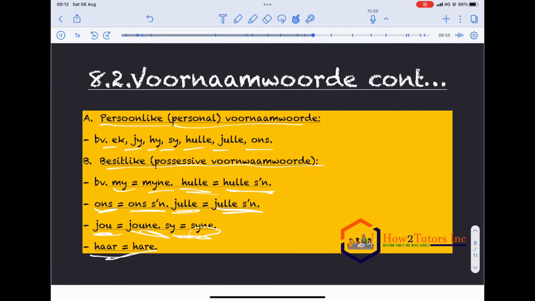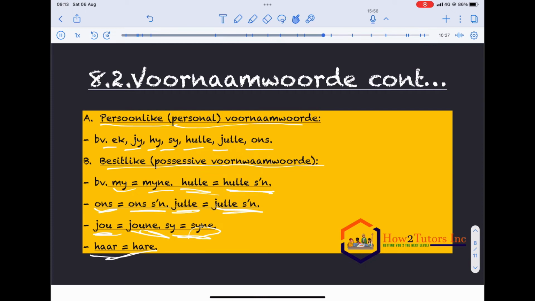Besitlike voornaamwoorde, possessive pronouns. So these show possession, they show ownership. My word myne, my becomes mine. Hulle word hulle s'n, their becomes theirs. Ons word ons s'n, us becomes ours, because remember it's now showing that it belongs to someone.